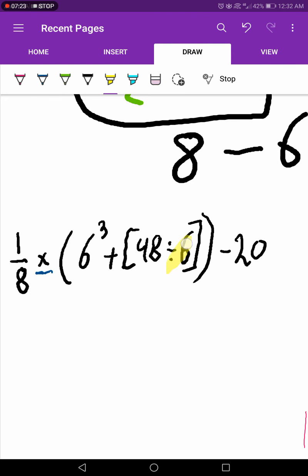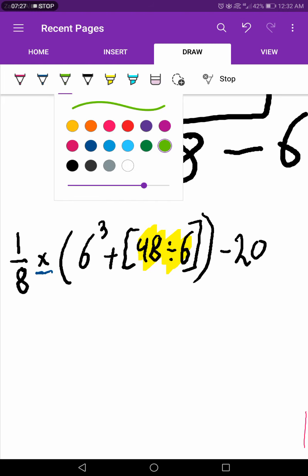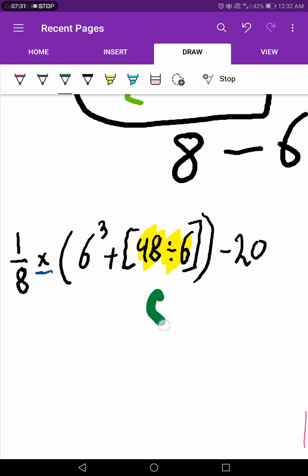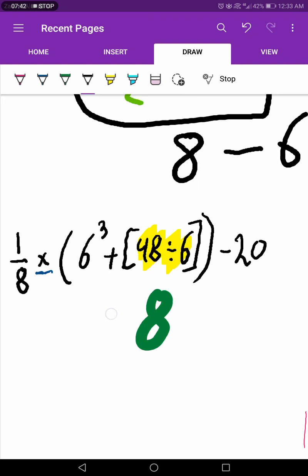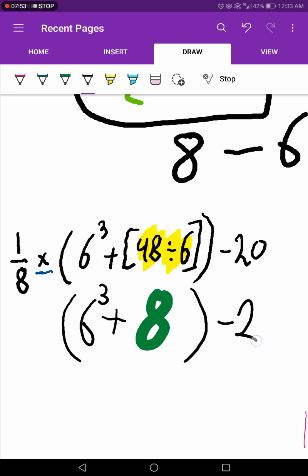Here, which equals 8. Now I write the rest: plus 6 with power 3 and minus 20 as it is.